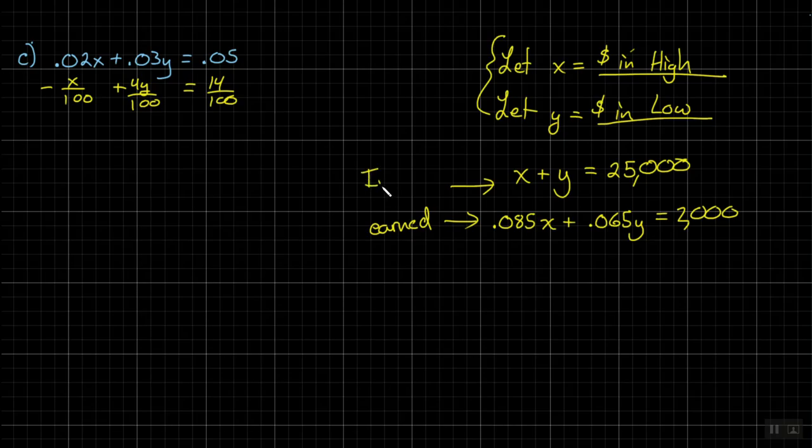Like the very first sentence of your problem. Addison, just to make sure, read me the very first sentence, or the first 5 words. Stop. If we put X in one account and Y in the other, this should add up to 25,000. How much interest did I earn after 1 year? That's the last sentence.